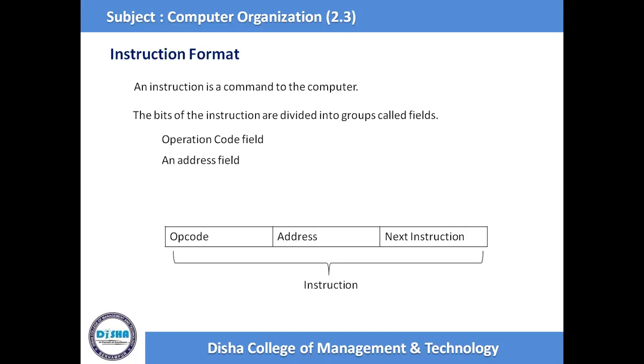The instruction can be divided into different groups called fields. These are the operation code field, an address field, and a mode field. The operation code field is a group of bits that defines various processor operations such as add, subtract, multiplication, move, divide, everything.